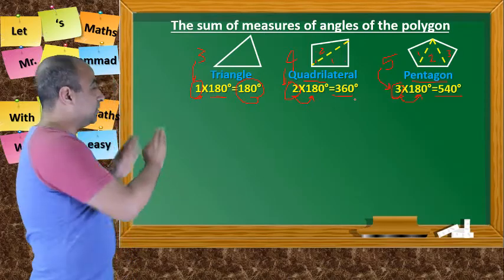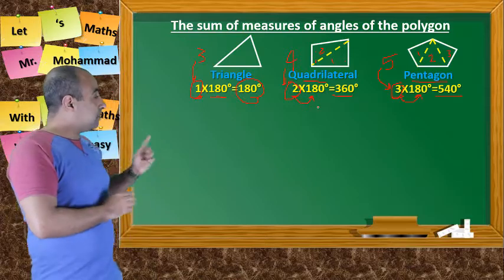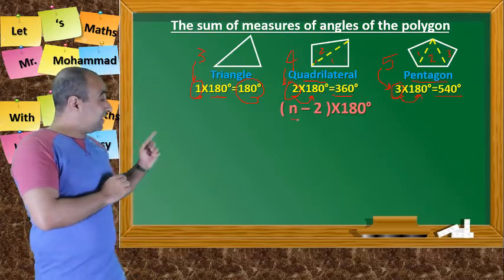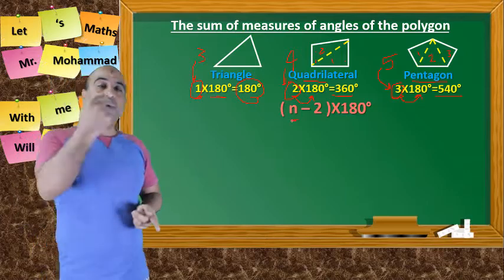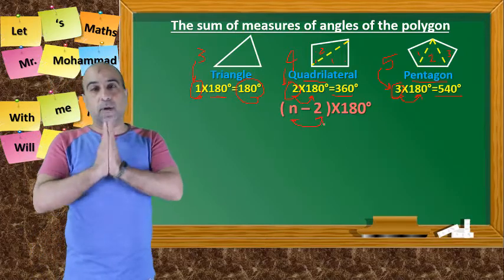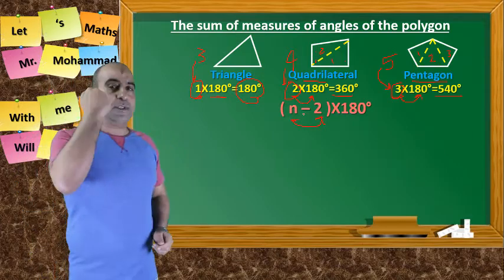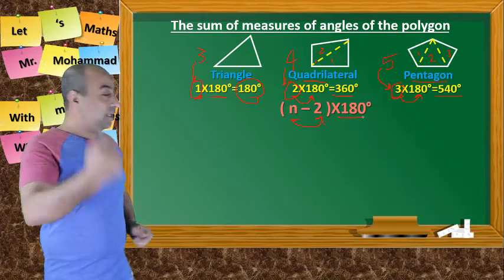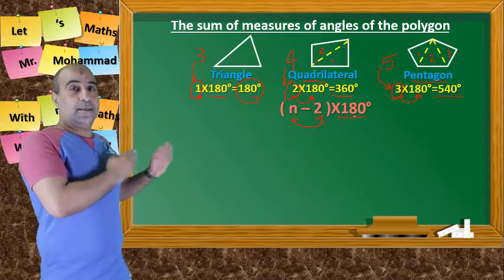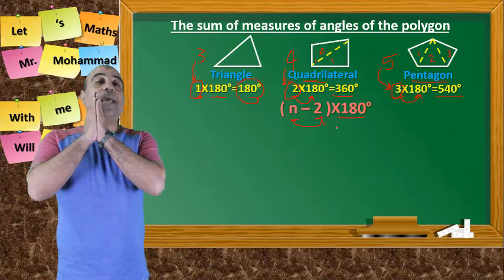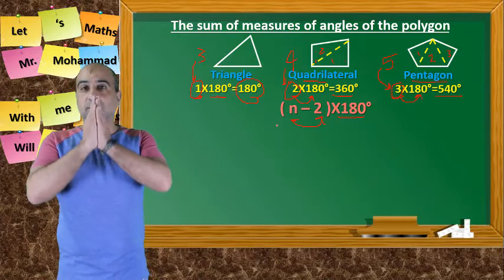Then we can deduce the rule: the number of triangles is always n minus 2, where n refers to the number of sides of the polygon. n minus 2, all multiplied by the sum of the angles of one triangle, which is 180, and that is the rule: (n - 2) × 180.